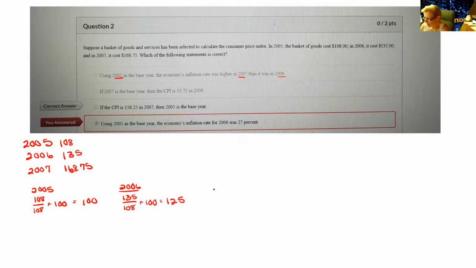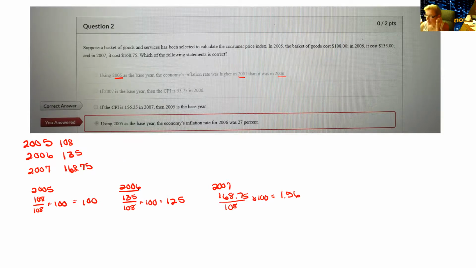And then 2007, I have this goofy number, 168.75 divided by 108, times 100, obviously, which equals 1.56, or 156.